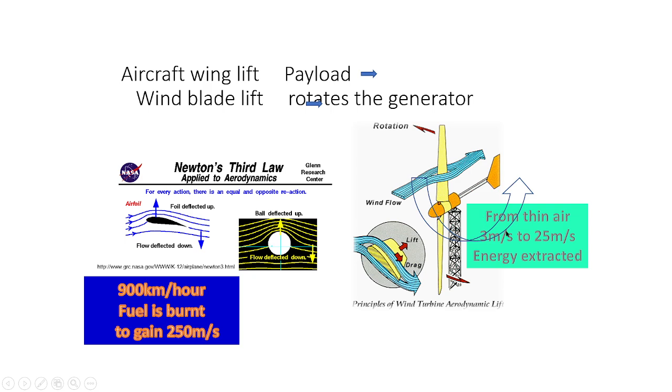The same thing, if the aircraft has to lift, the lift must be generated by burning fuel to gain about 250 kilometer per hour speed, which is an order high when compared to the maximum wind speed at which it can produce energy. So that's why this produces energy from transient ambient simple wind.